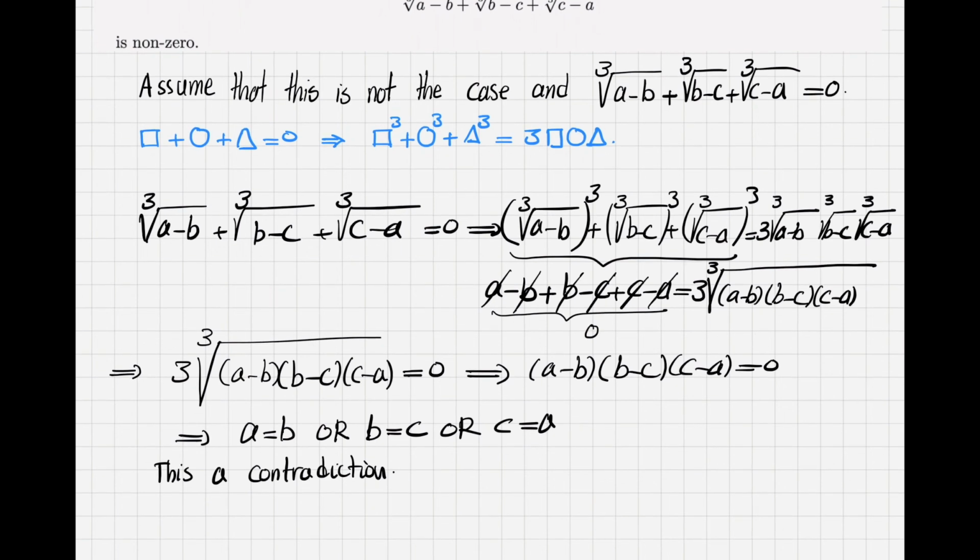So none of them actually can happen, but it tells you that at least one of them should happen. Okay, this is a contradiction since a, b, and c were assumed to be mutually distinct real numbers.